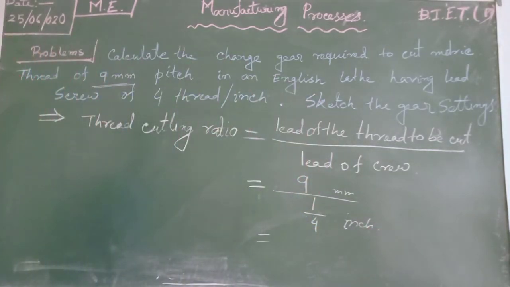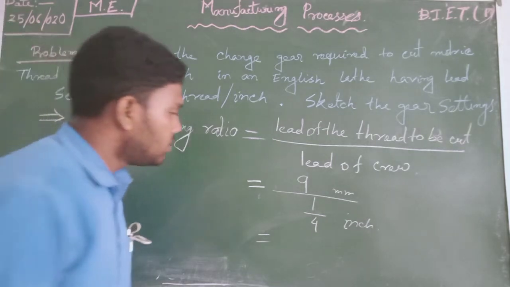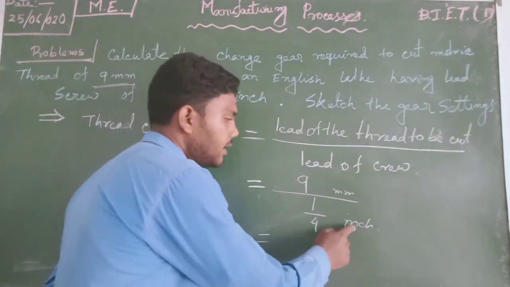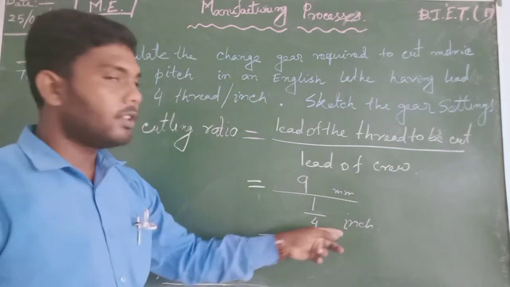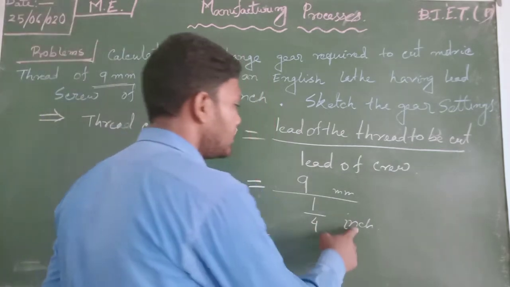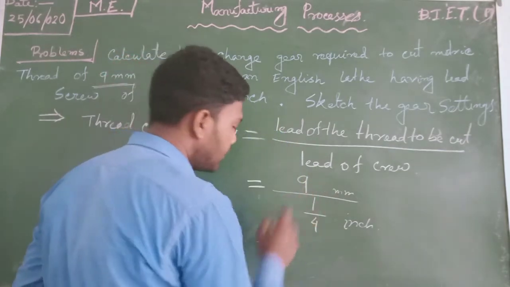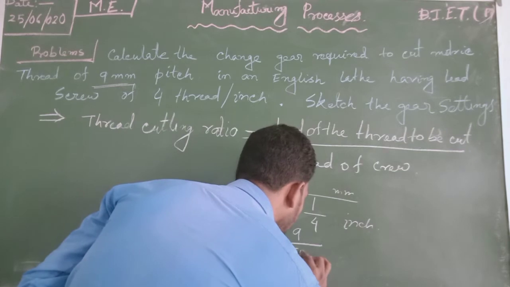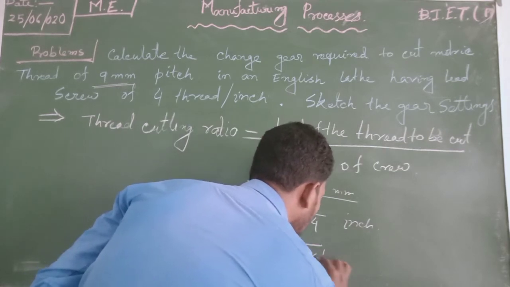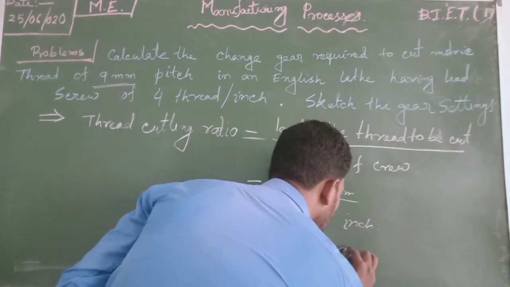Now, to solve this, the unit is inch, so we change the unit by converting inch into millimeter. That means 9 divided by 25.4 into 1/4.